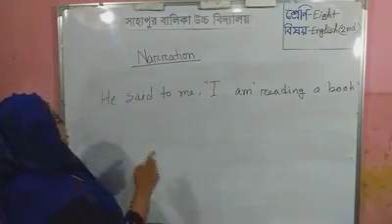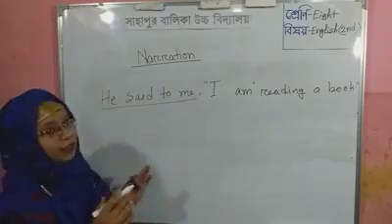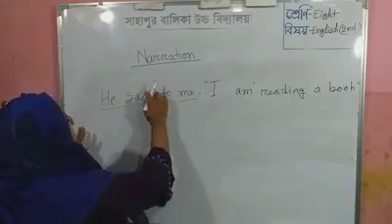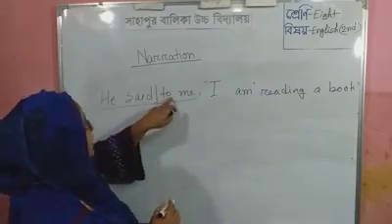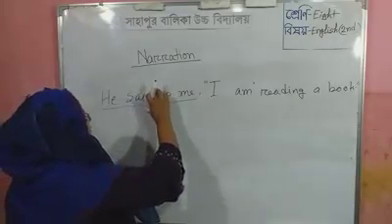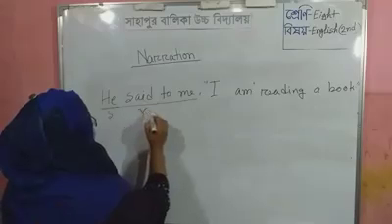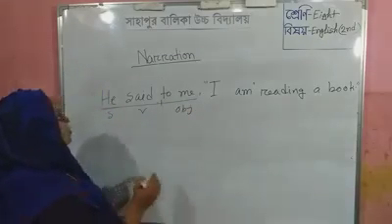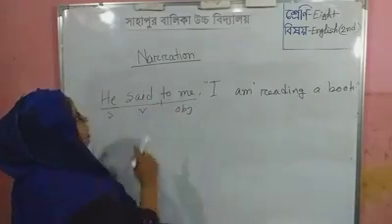Here, he said to me. In the previous sentences we just saw "said". In this sentence we get "to me" extra. So in this sentence, he is the subject, said is the verb, and to me is the object.